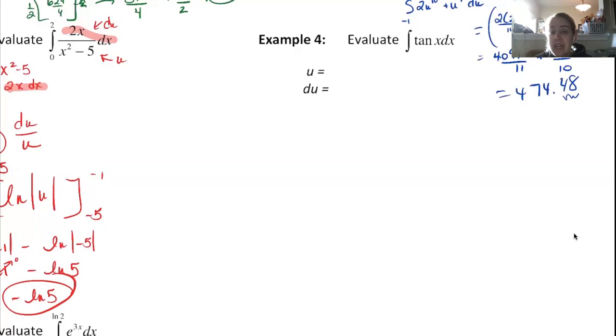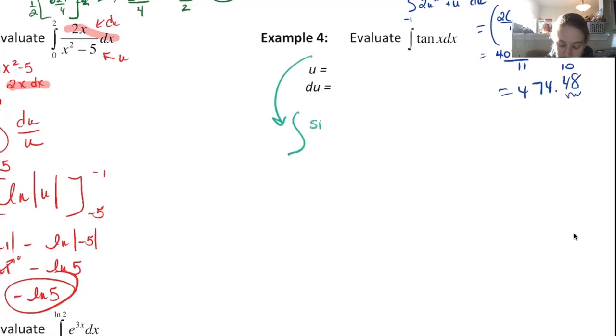The derivative of secant is secant tangent, but I don't have a tangent by itself. So what we have to do is break apart tangent into sine of x over cosine x. And when I look at it like this, we can do u substitution. So which one is the u and which one is the du?